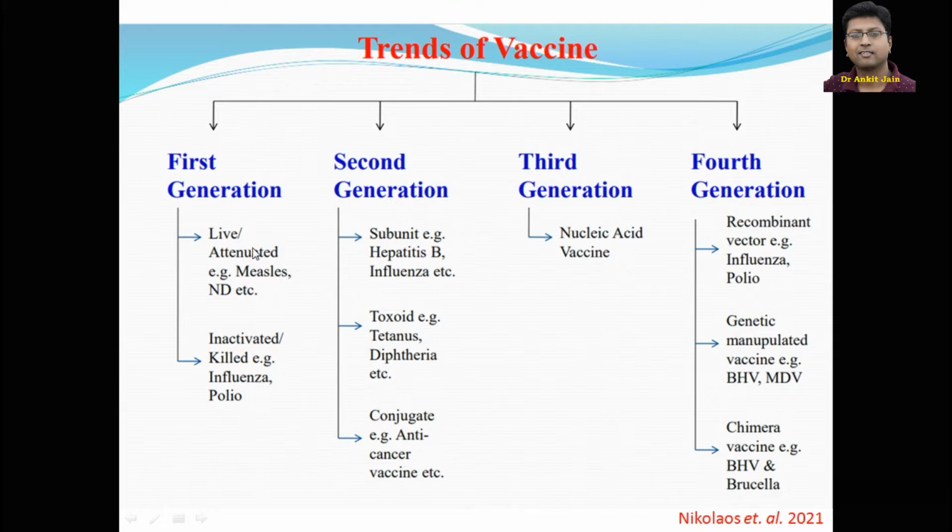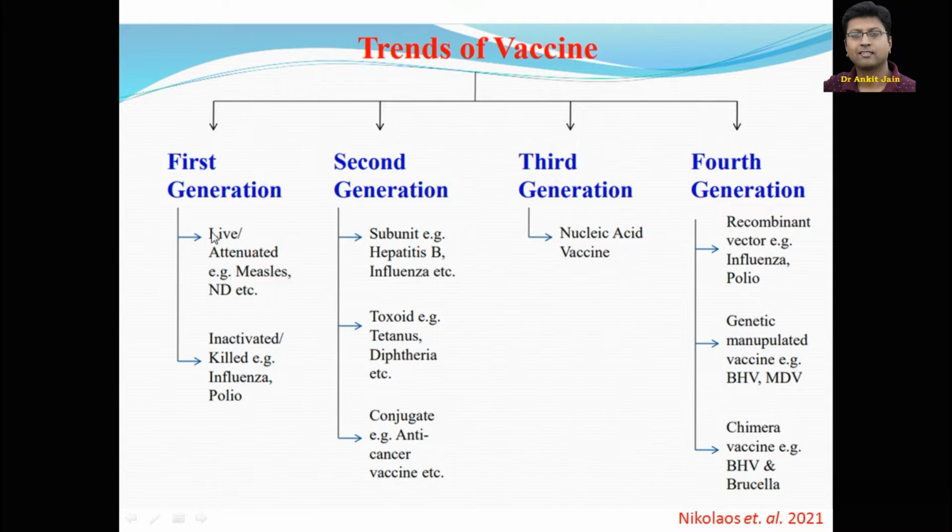Live attenuated viruses and bacteria are agents generally introduced in the body as live, and they are prepared by passaging and cell culture techniques. And inactivated vaccines, generally killed vaccines, are produced using different chemicals, different agents, different pH, and heat treatment.